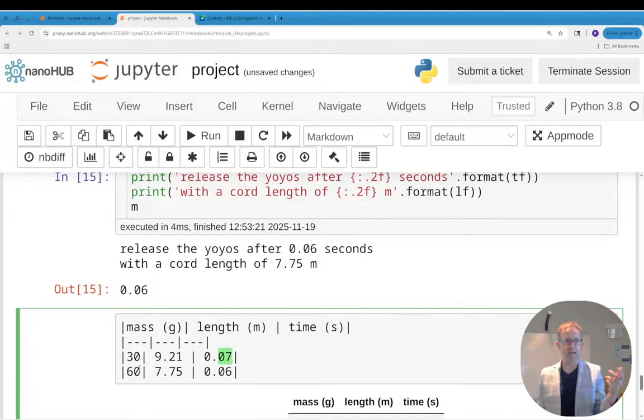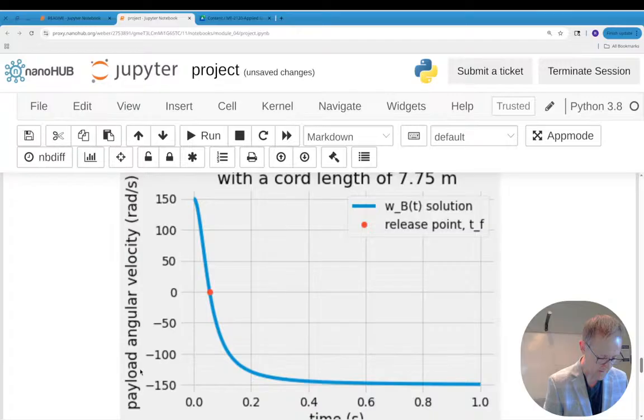I could do this a few times to detail, hey look, increasing mass decreases the size of the cord, and it's also decreasing how long this thing takes to act. But there was also a great observation of the slope going through that 0 point getting shallower. The bigger the mass, the steeper the curve.